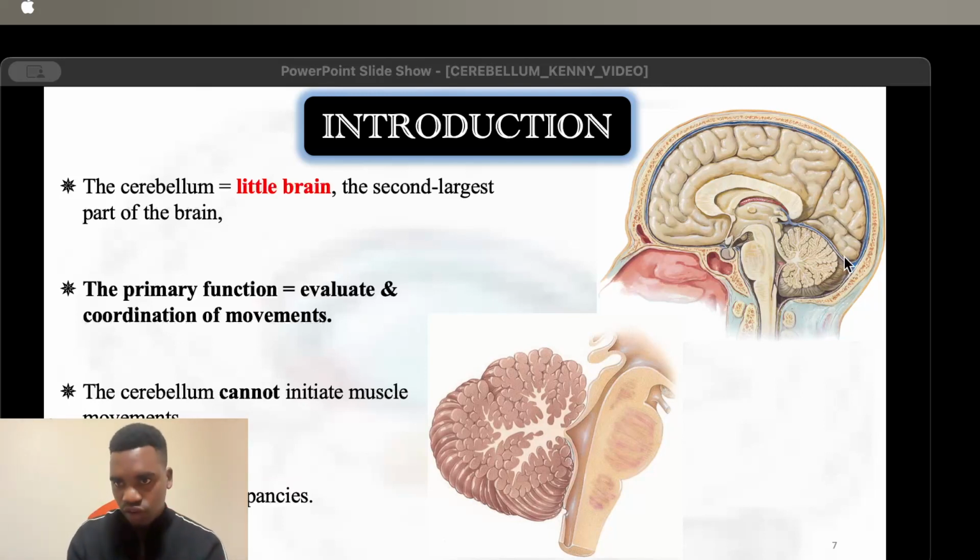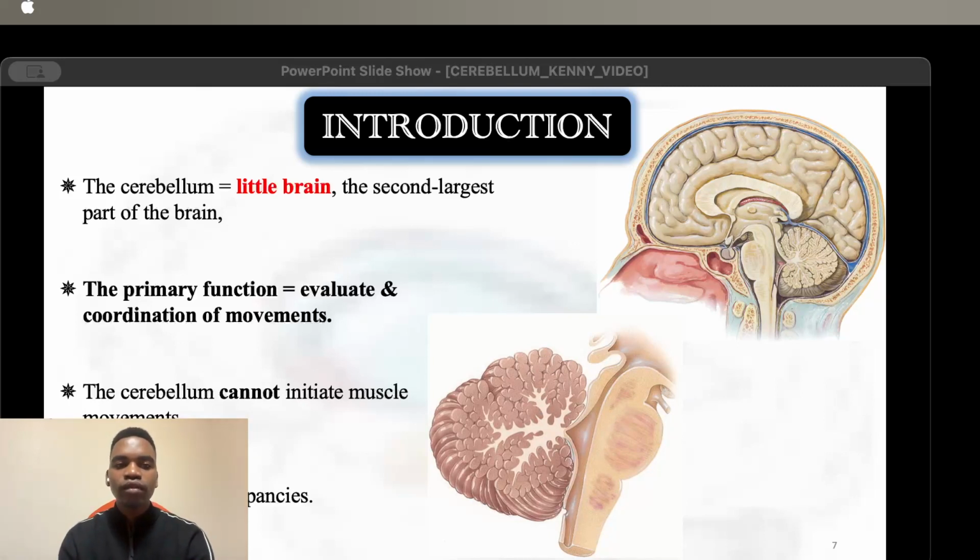So tentorium cerebelli is what covers the little brain or the cerebellum. So the primary function of the cerebellum is to evaluate and to coordinate movement.